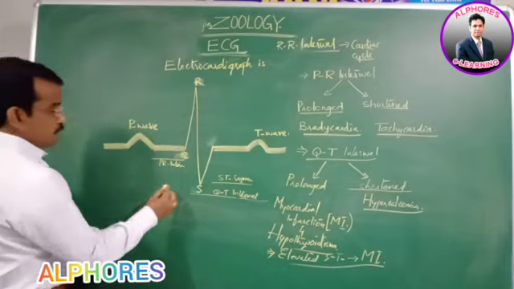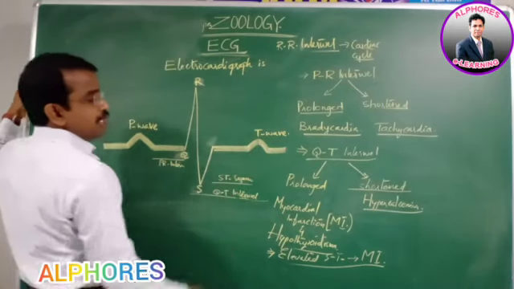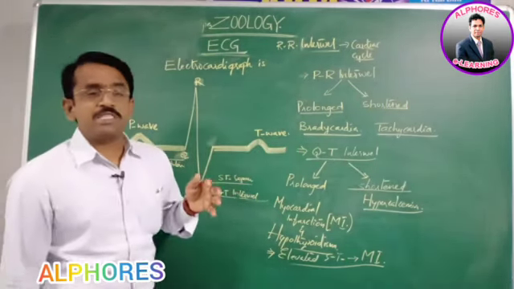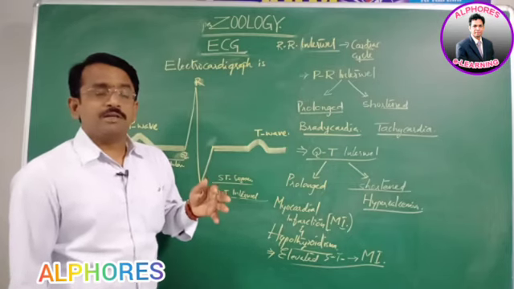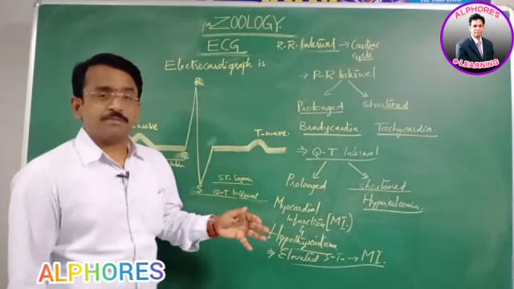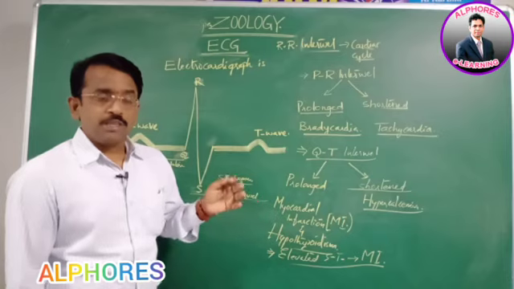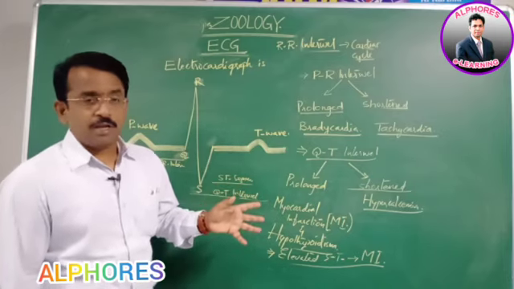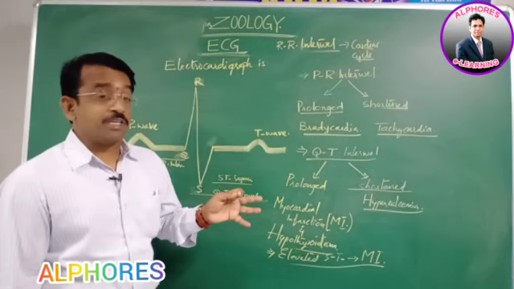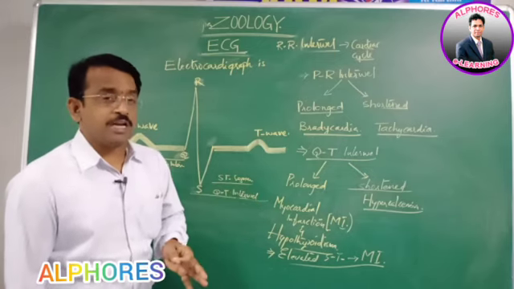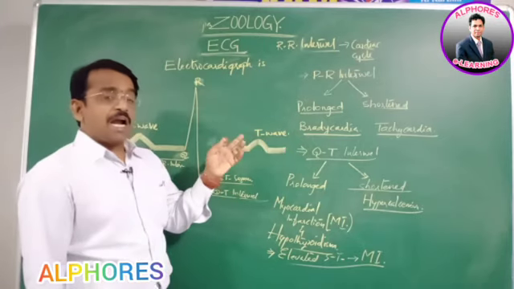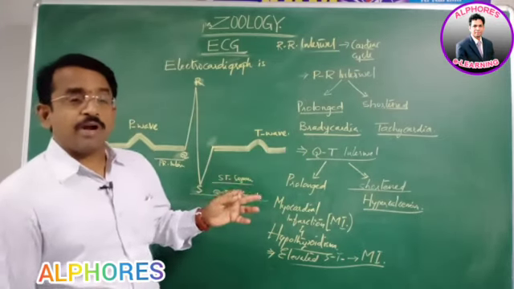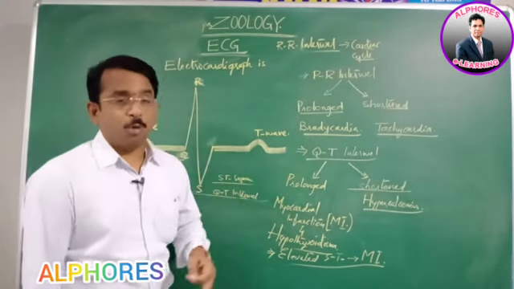And the tall T wave, this is the T wave. We have discussed the T wave. The T wave is nothing but the ventricular repolarization. I told you that it is the recovery after the ventricular depolarization, which means the end of the T wave indicates the end of the systole.